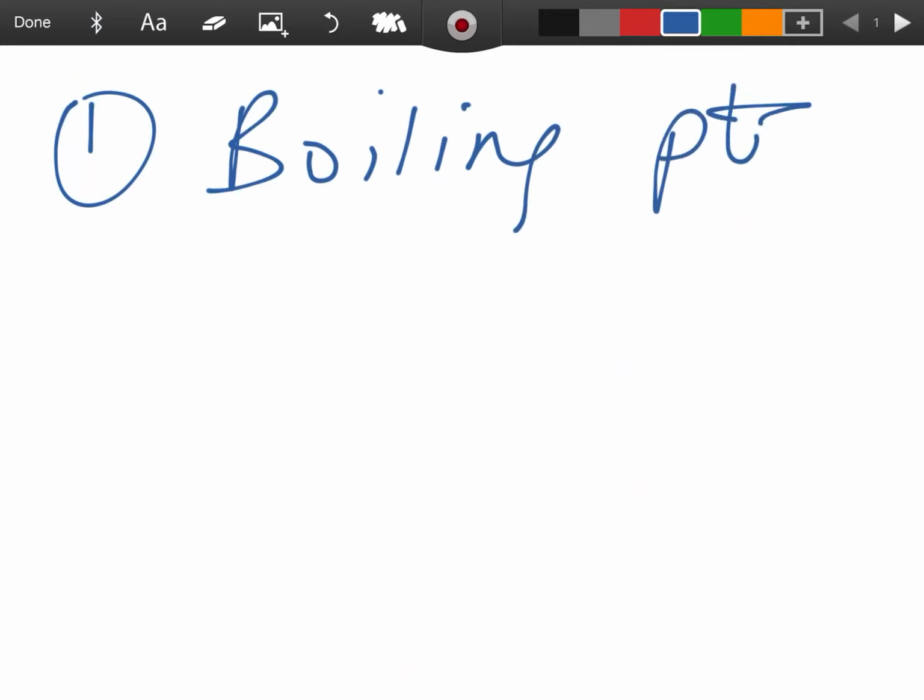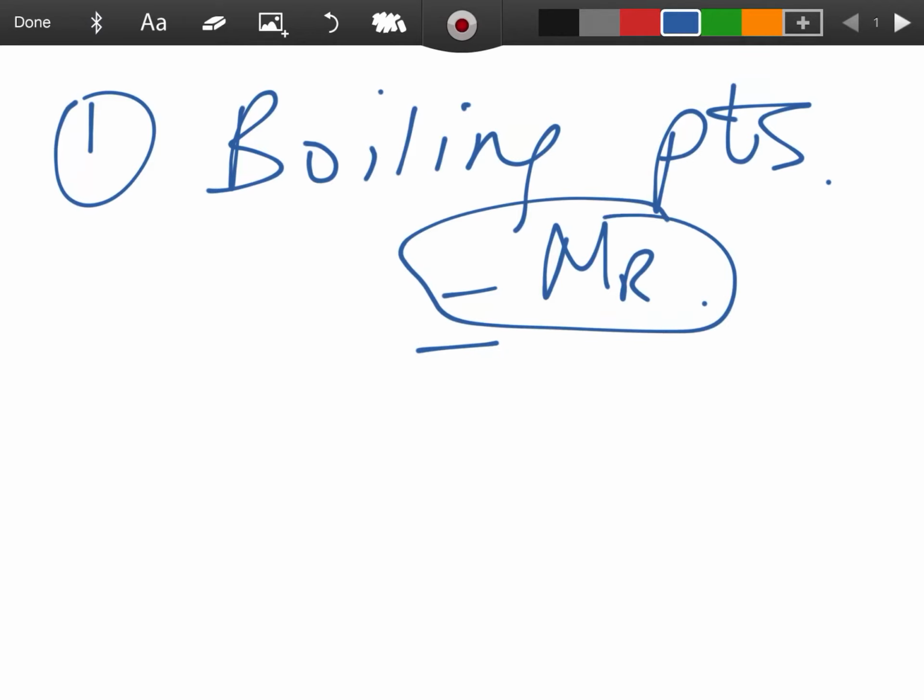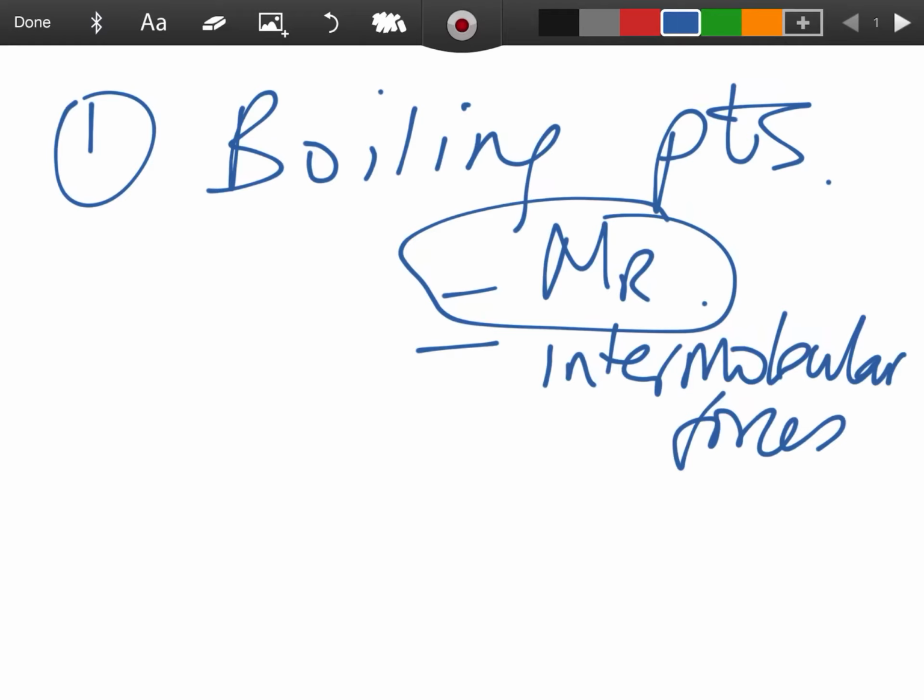Okay, now there's two properties they're going to ask you about. So the first property we've spoken about is the boiling point. So in exam questions now, they'll ask you to account for or explain the difference in boiling points. So you'll have to think about the size of the molecule, remember, the MR, but normally the size is around the same. And then they'll say to you, what else would make a difference in terms of boiling point. So you'll have to talk about intermolecular forces then, okay?